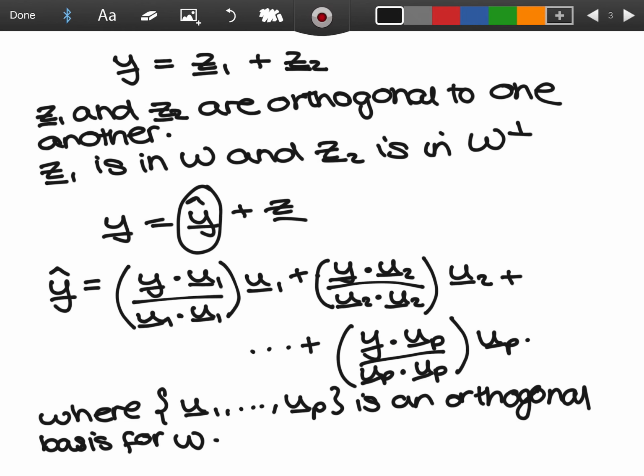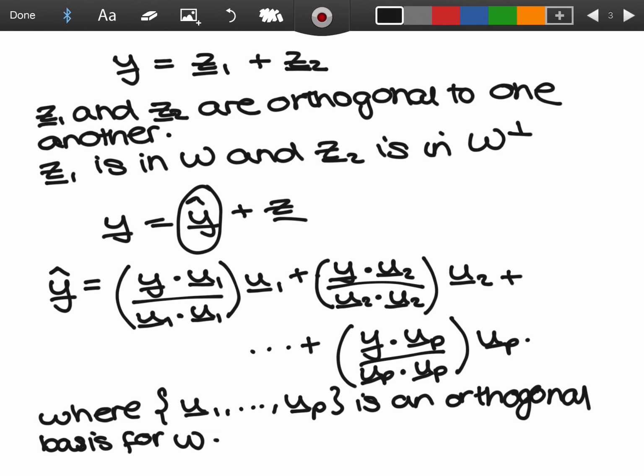Now, this makes it really easy. You can go ahead and find these coefficients by taking the dot product of this vector Y in Rn with each of these basis vectors in W, and then you divide it by the dot product of each of these basis vectors with itself.